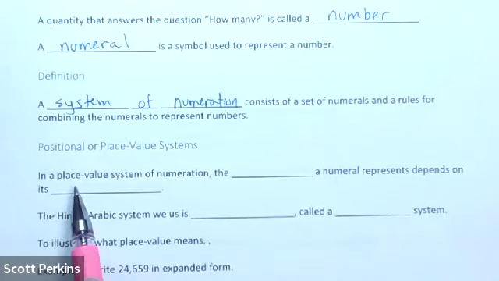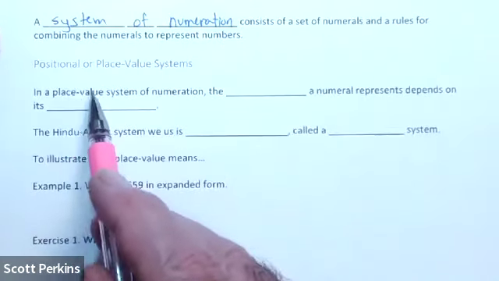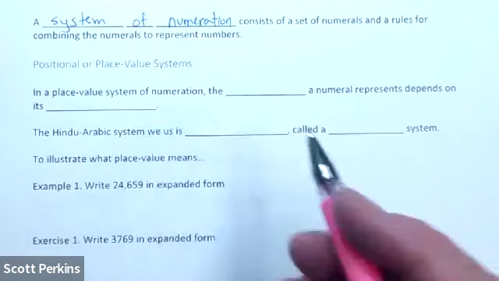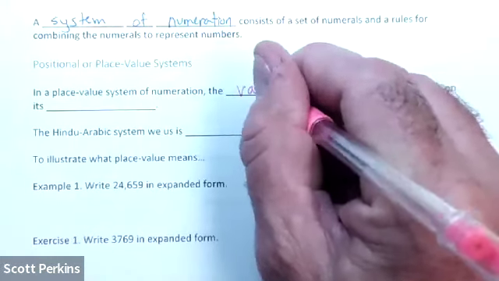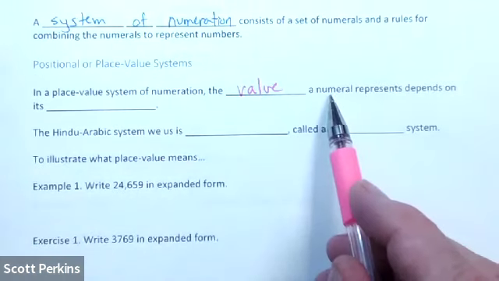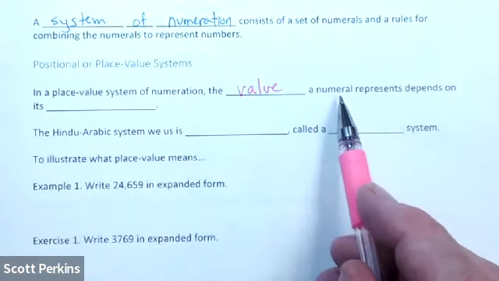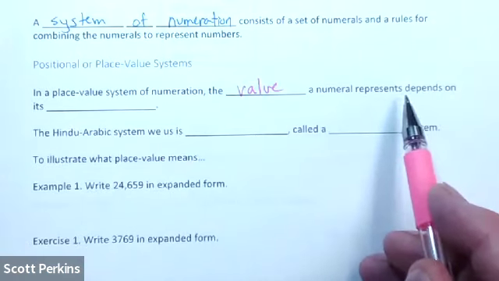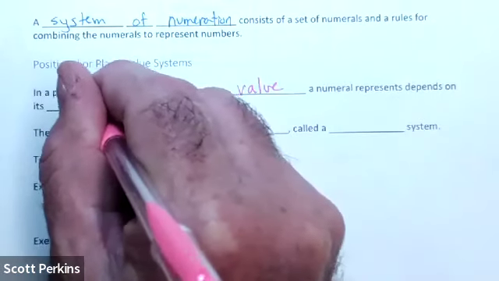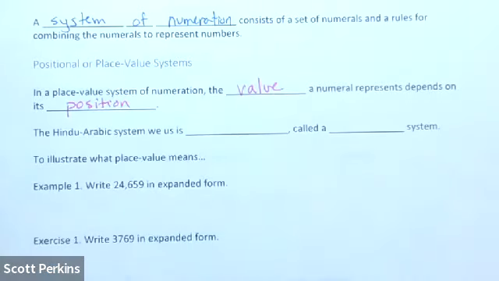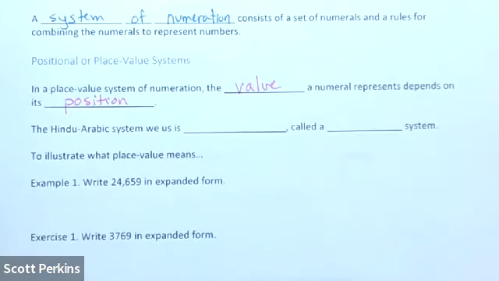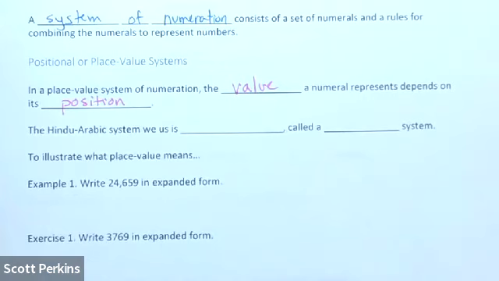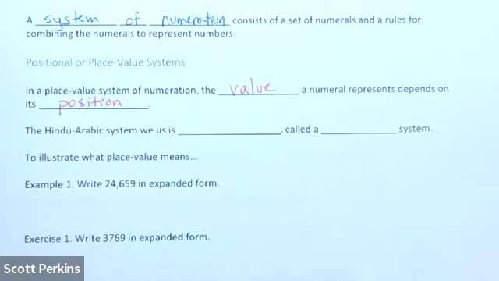So in what's called a place value system of numeration, the value a numeral, remember, a numeral is a symbol, represents depends on its position. For instance, these two numbers use the same symbols, but they mean different things.